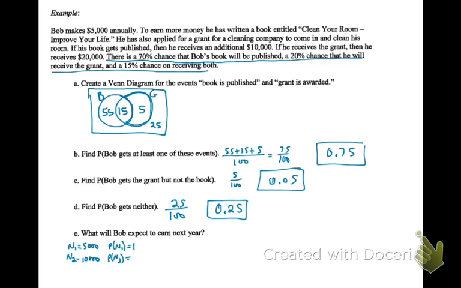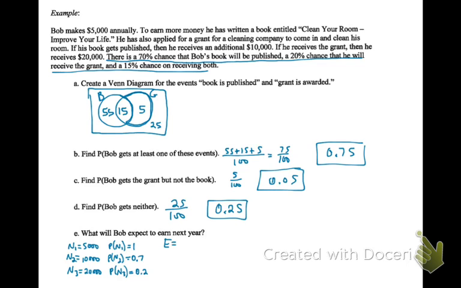If the book is published, the probability is 70%, so 0.7. The third amount is the $20,000. That's if he gets the grant, and the probability that he gets the grant is 20%, so 0.2.